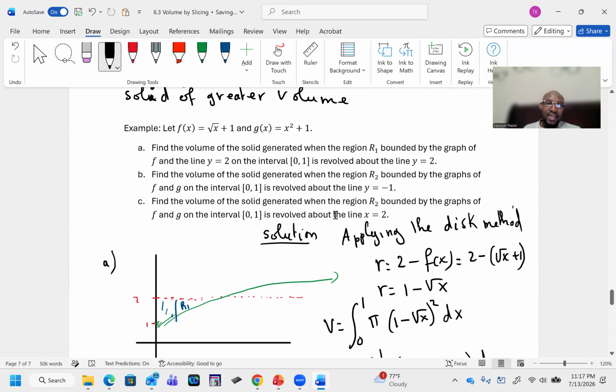On B, they said find the volume of the solid generated when the region R2 bounded by the graph of f and g on the interval 0, 1 is revolved about the line y is equal to -1.